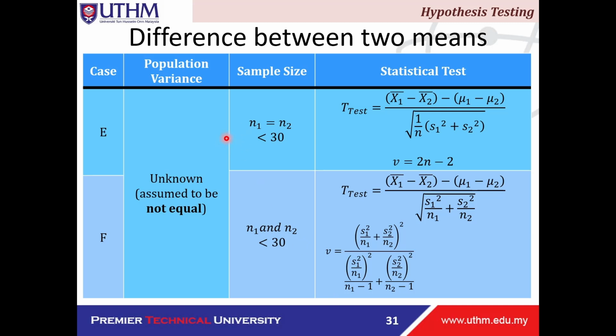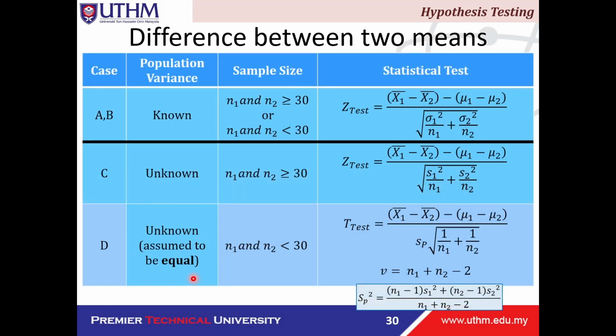If the sample sizes are the same but the population variances are assumed to be not equal, and if the variances are assumed to be equal, use the pooled formula, or calculate sp squared.